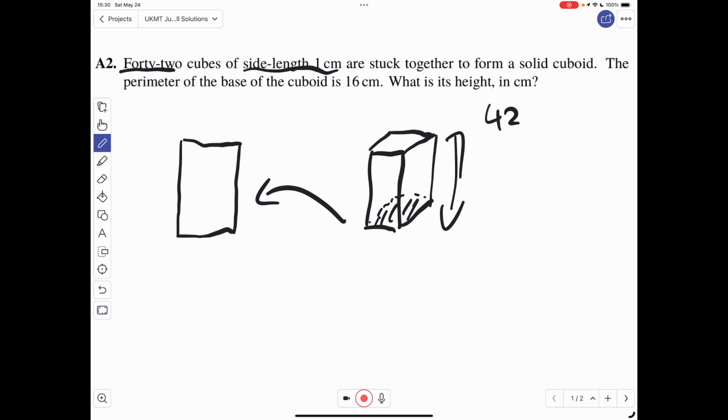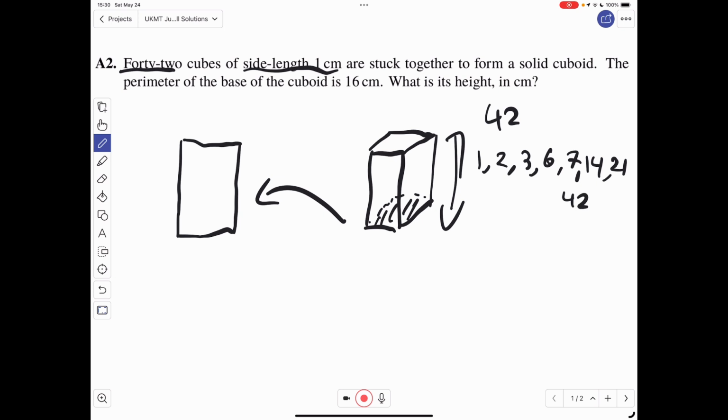But it is actually more helpful just to list the factors. So we have 1, 2, 3, 6, 7, 14, 21, and we also have 42. So I think that's all.